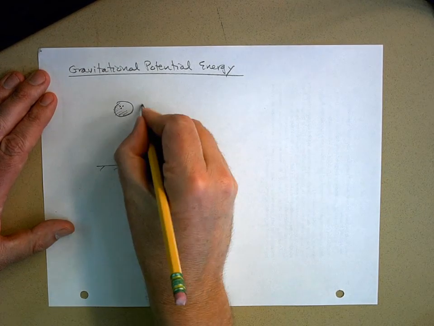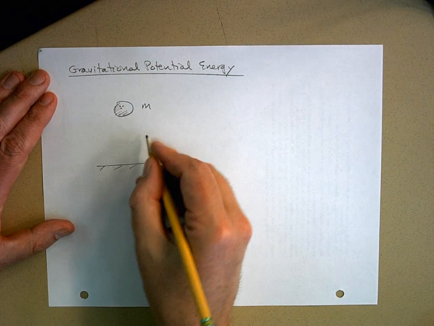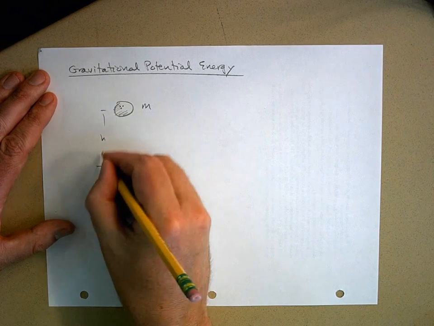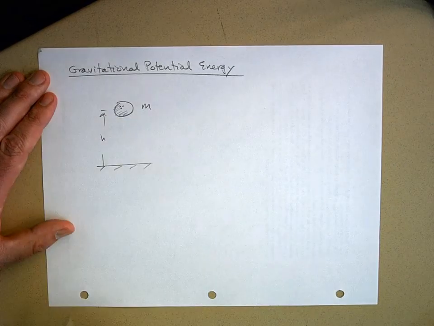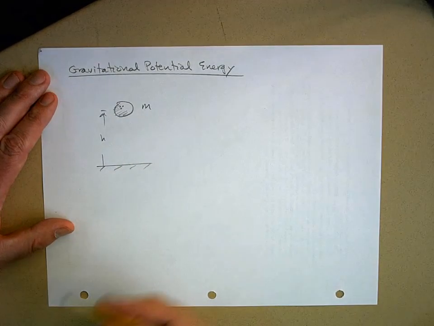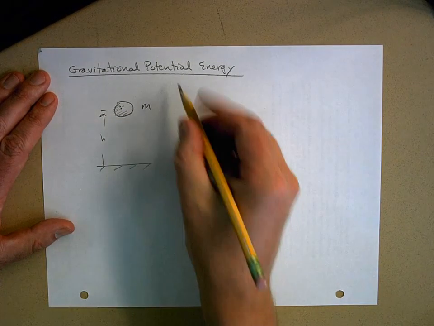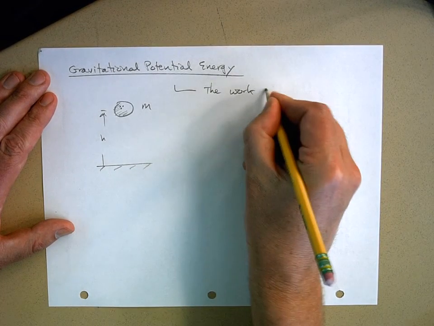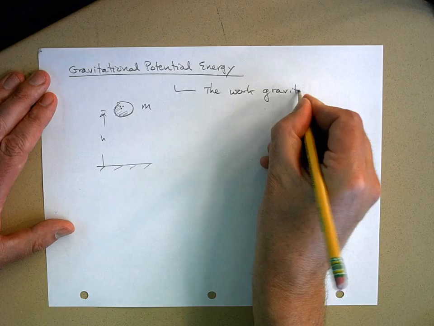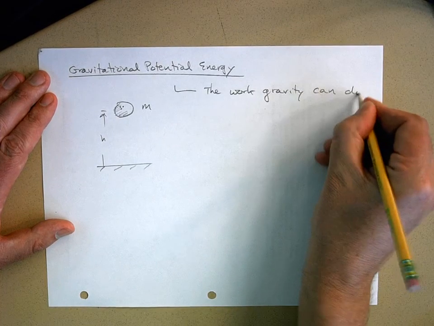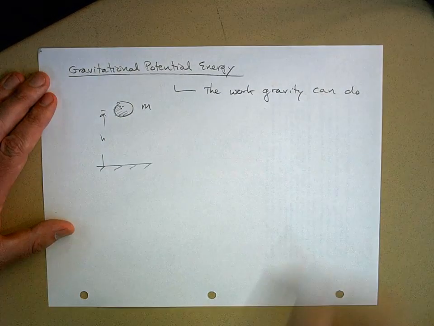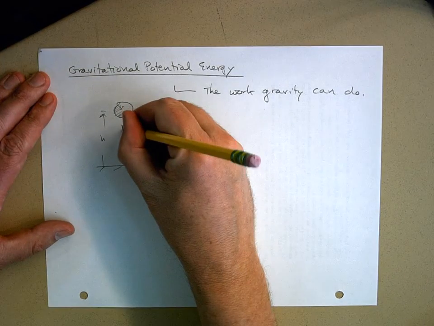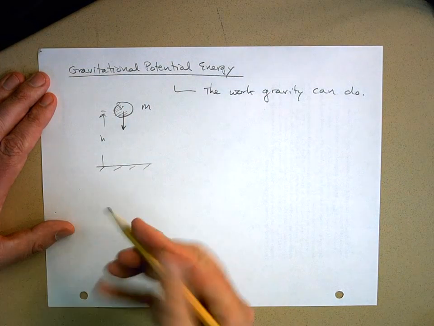Okay, it's got a certain mass and it has a height above the ground. There's our height above the ground. Now, we say gravitational potential energy is the work gravity can do. Okay, so gravity can do work on this ball. How much work? Well, for it to reach the ground.